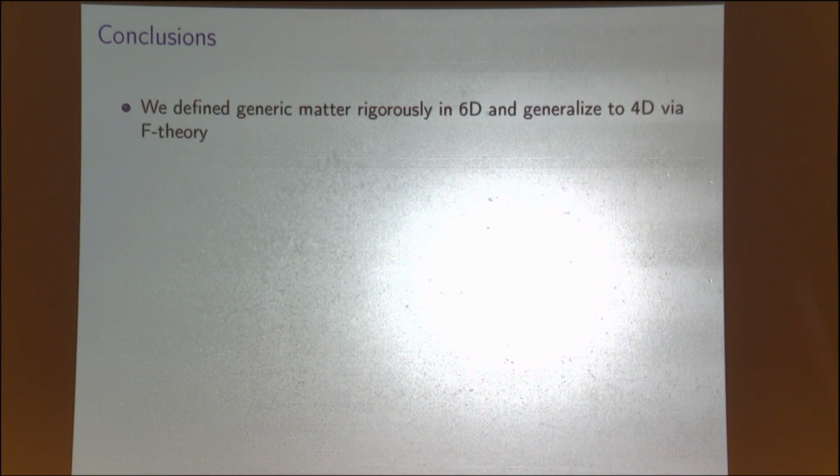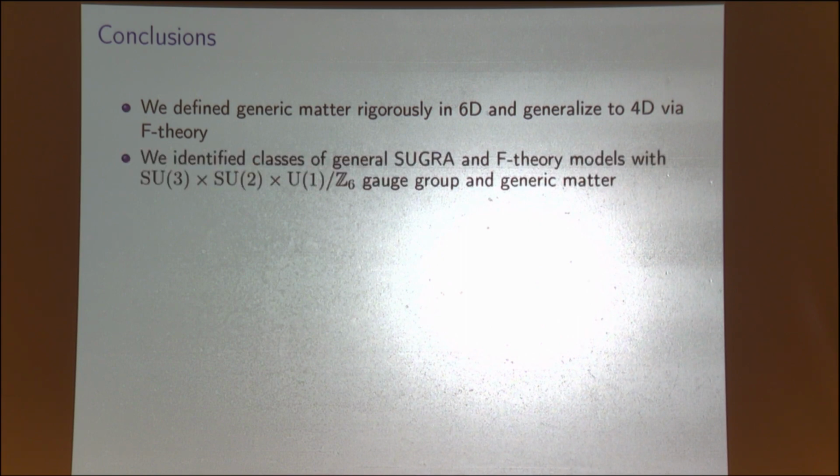OK, so in this talk, what I have done is first started by defining generic matter rigorously in 6 dimensions and then generalizing it to 4 dimensions via F-theory. And then using this as an organizational principle to identify classes of general supergravity and F-theory models in 6 and 4 dimensions with this particular gauge group in generic matter.